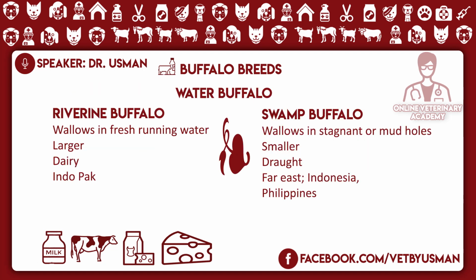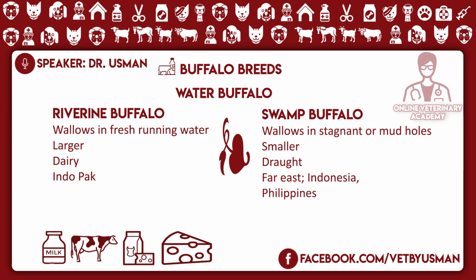There are other differences along with the genetic difference of water buffalo breeds. Riverine buffaloes wallow. Wallowing is the term used for buffaloes when they bathe themselves in ponds or running fresh water. In contrast to riverine buffalo, swamp buffalo usually wallows in stagnant water or mud holes.